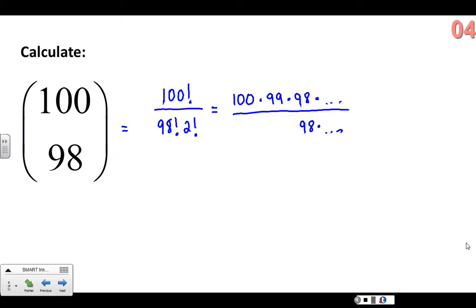So those would cancel out for sure, all the way down. And then 2 factorial we're also going to divide out, so 2 times 1. So we know that's going to leave 50 times 99, which is 4,950. Let's double check that with 100 factorial. We did it correctly. Good job.